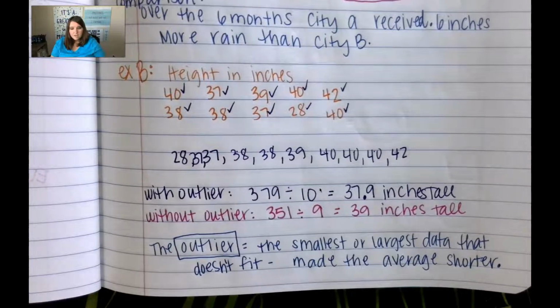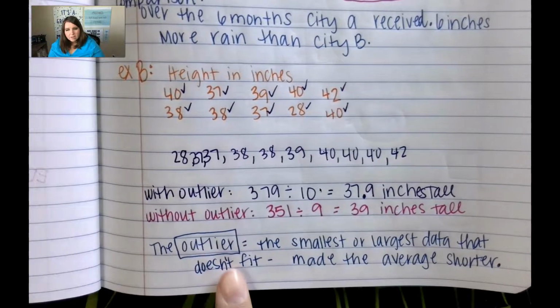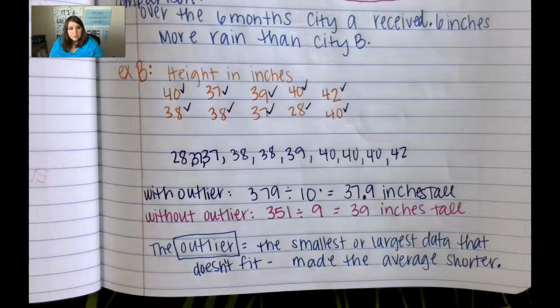Okay, all right, we're going to do a try it now, just one. So go ahead and finish writing this out. We've got the outlier, the smallest or the largest data that does not fit within the cluster.